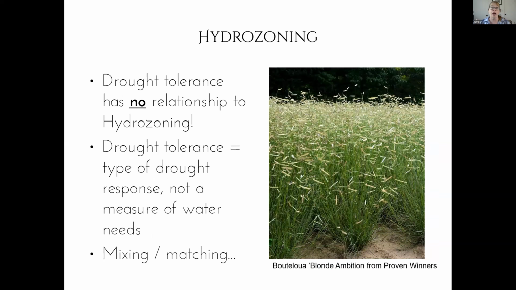If you have an irrigation system, I don't, I hand water, but if you have a system where one area is on one valve and another area is on another valve, all of the plants in those areas should have the same or similar water needs, so that when that valve goes on and that amount of water is dispensed, all of the plants in that area are happy.